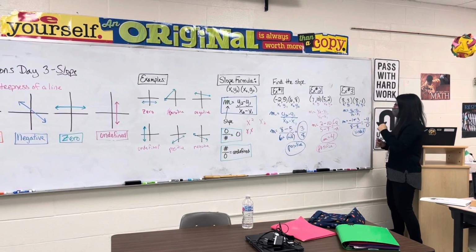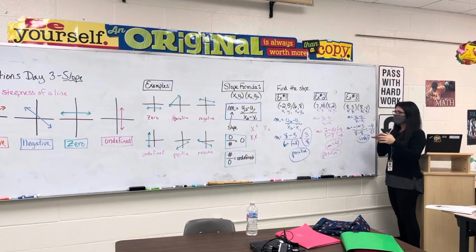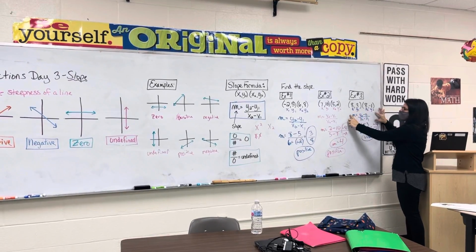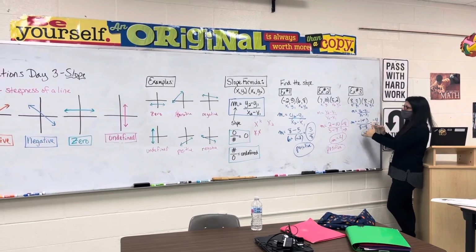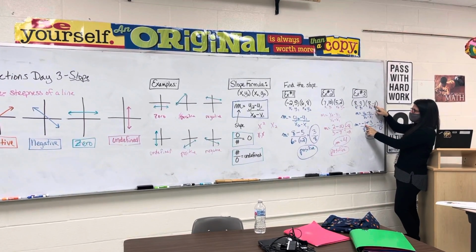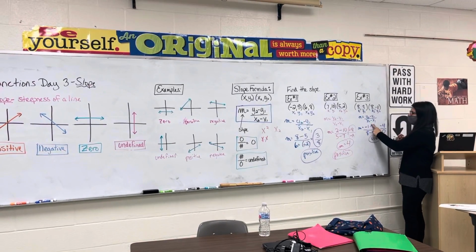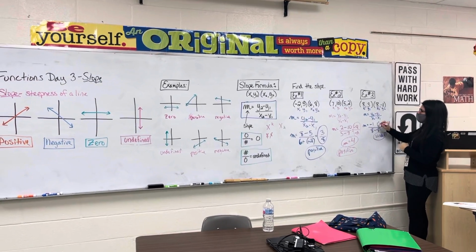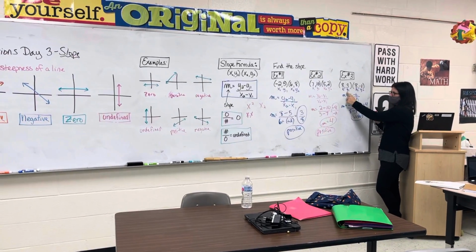One more example. 8, 3 and 8, negative 1. Again, I'm going to be asking you guys to label first, write your formula second. That's always your first 2 steps. From there, we're going to substitute. Negative 1 is my y2 minus y1. Let me show you the original. It looks like this. -1 minus 3. y2 minus y1.